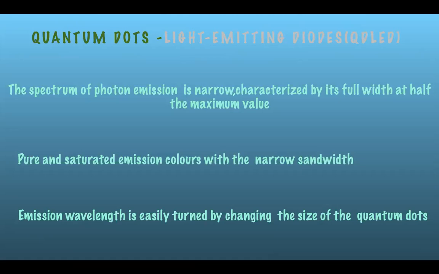Here, the spectrum of photon emission is narrow, characterized by its full width at half maximum value, giving pure and saturated emission colors. The emission wavelength is easily tuned by changing the size of the quantum dots. So this is about the quantum dot LED.